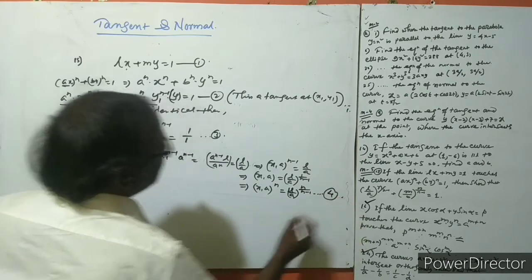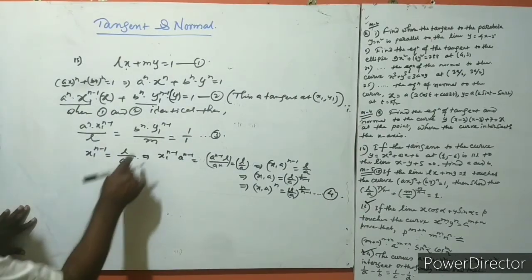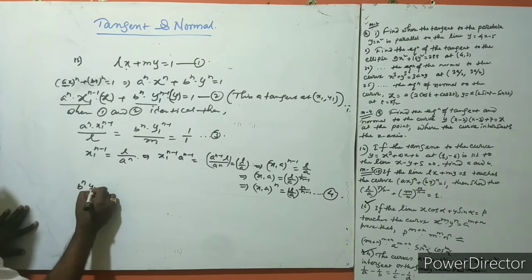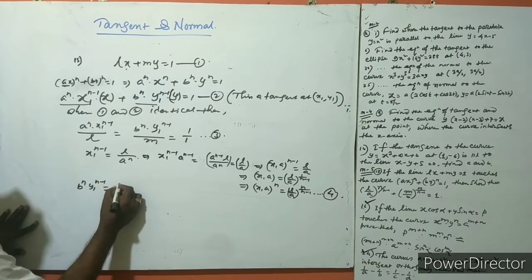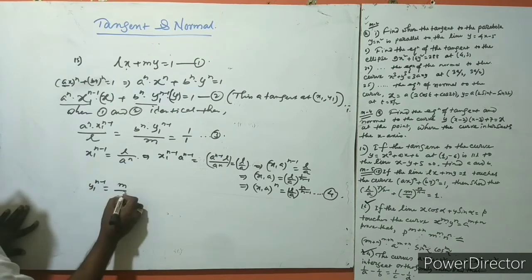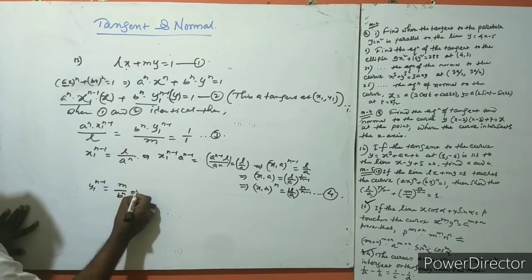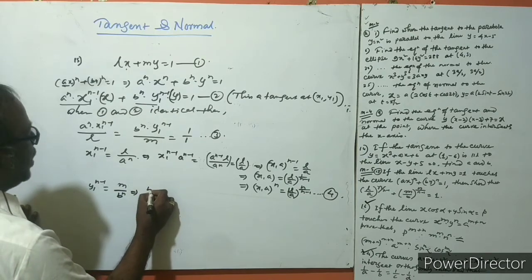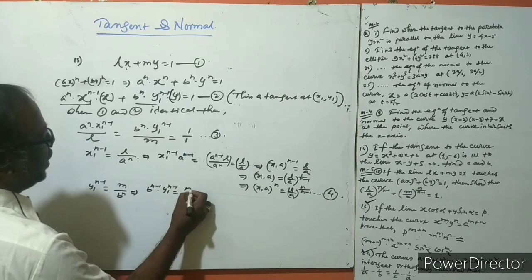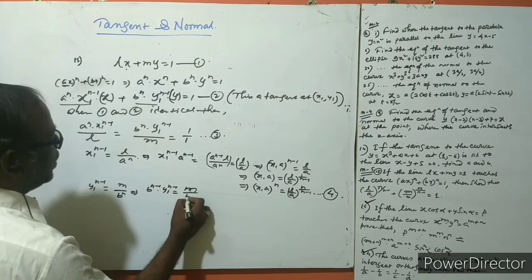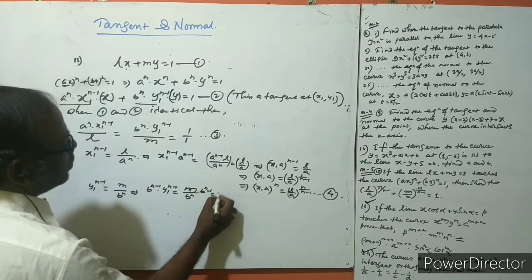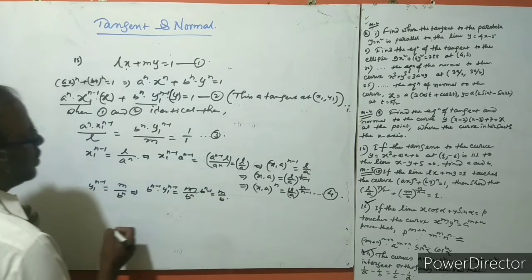Okay, and similarly we can find from this, that b to the power n and y1 to the power n minus 1 is equal to m. So divide by b to the power n. Same as multiplying by b to the power n minus 1, b y1 to the power n minus 1 equals m by b here.